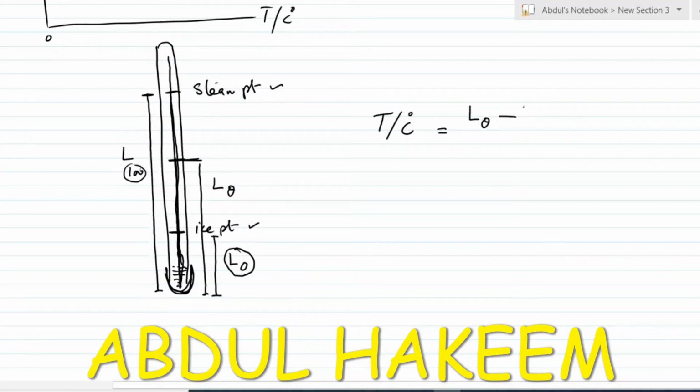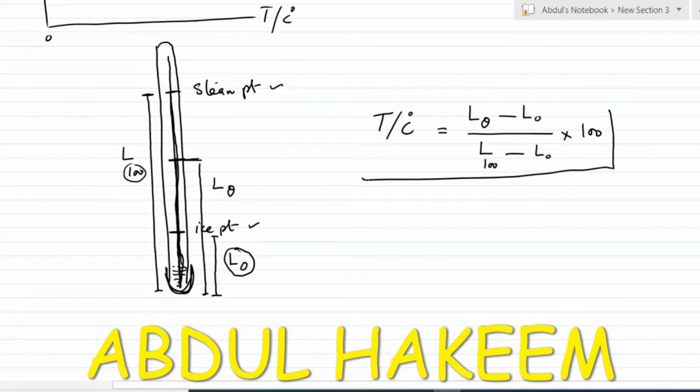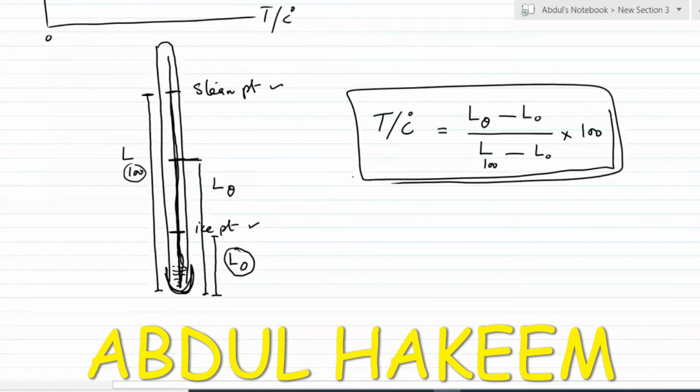Now, the empirical formula for the Celsius scale is: temperature in degrees Celsius is equal to L theta minus L0 divided by L100 minus L0, times 100. So this is the empirical formula for the temperature in Celsius. Very important. The height of the liquid for the unknown temperature minus the height at the ice point, divided by the height at the steam point minus the height at the ice point, times 100.